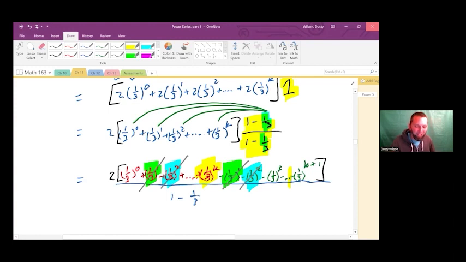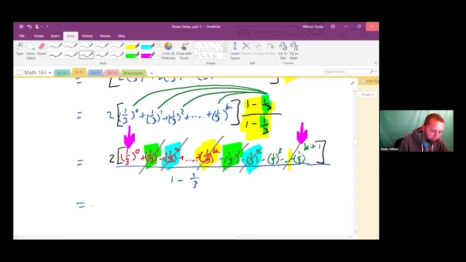Those cancel out. And you'll notice the only terms that are left are the very first term here and the very last term here. Those are the only ones left after all of that simplification.